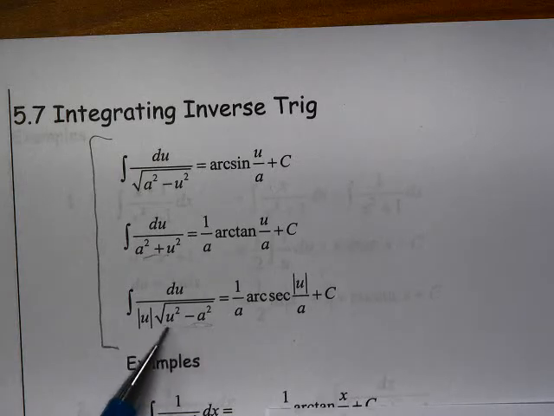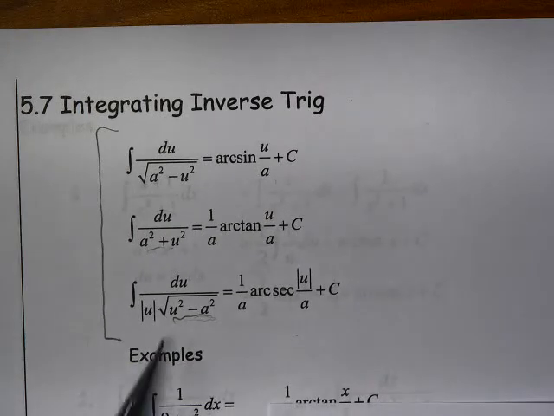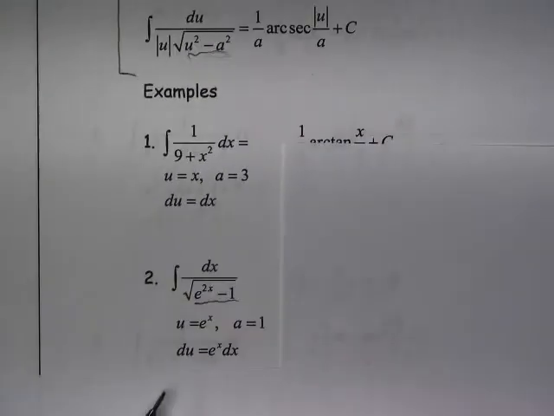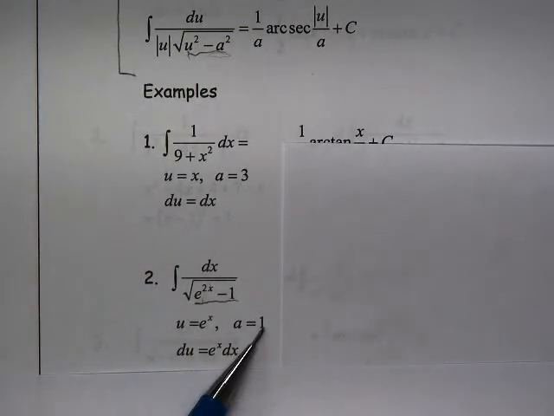So let's try to match this part up here. All right. So I noticed that if I let u equal e to the x, then this e to the 2x is u squared, so that's good. Sorry, you can't see that. So I let u equal e to the x, then I get u squared is e to the 2x. If a equals 1, I get minus 1. And then the du gives me e to the x dx.